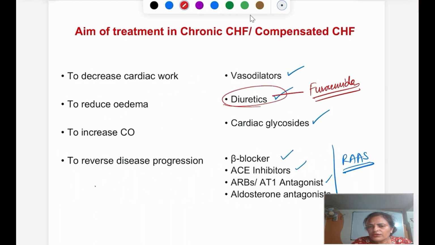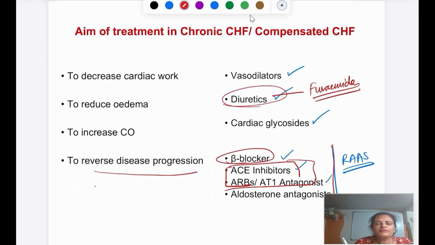But usually in chronic heart failure, we have to put the patient on the group of drugs that improve survival. So we start with an ACE inhibitor or ARB, any one of these two, plus or minus a beta blocker, and then we add the diuretic intermittently. Now what is the reason for that? Why do we have to add the diuretic intermittently in chronic CHF?